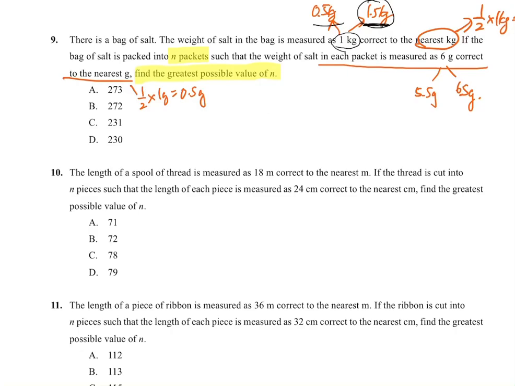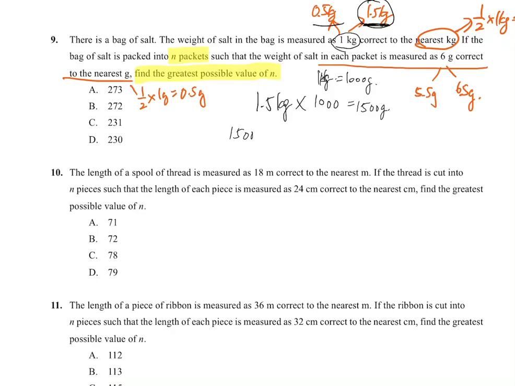For the upper limit, we need to multiply it by 1,000 to convert it into grams, because 1 kg is equal to 1,000 grams. The word kilo itself means 1,000. So that would be 1,500 grams.